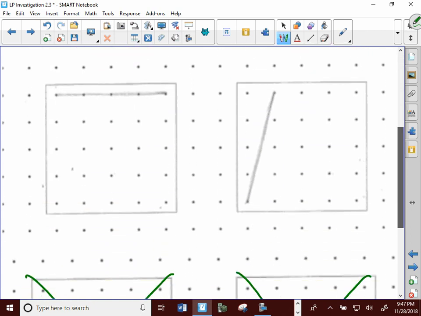So for the last two boxes, the one we got is a perfect square, right? If you notice, this is 4 units long. So we're going to make a 4 by 4 square. So obviously the side length for this one is 4 units.